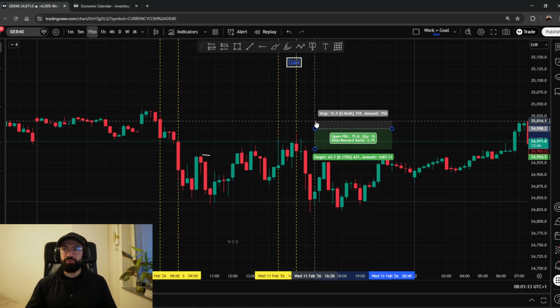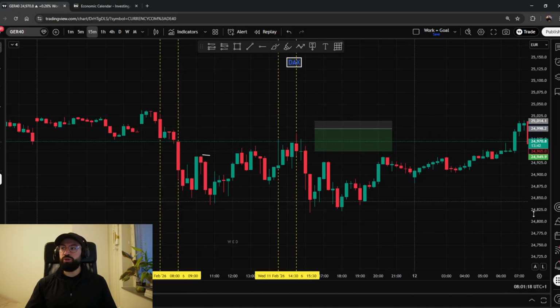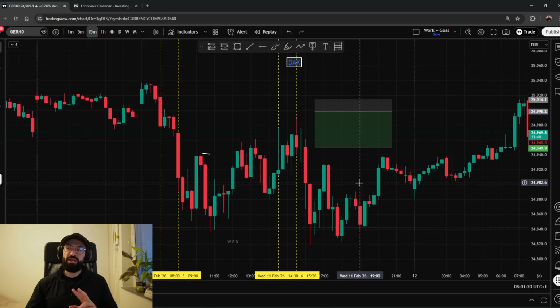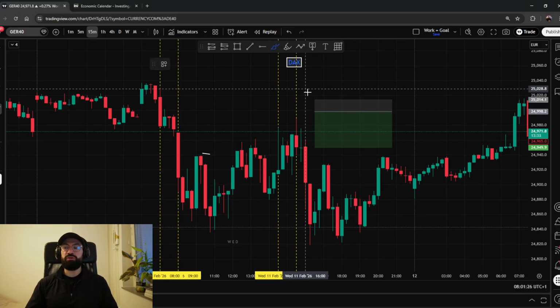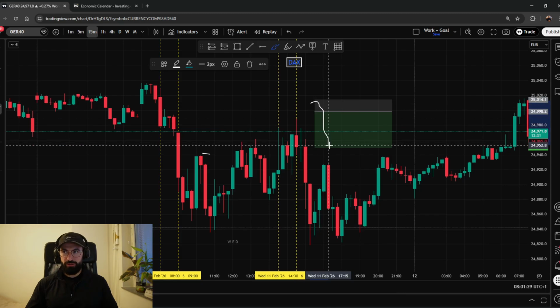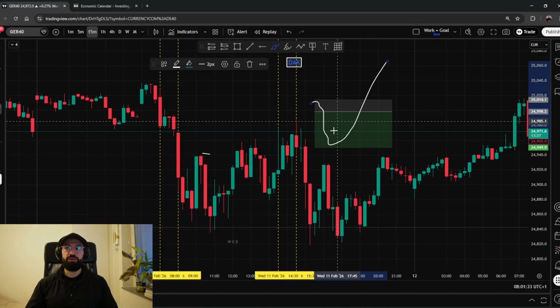So when people put a static, I want a 1 to 3 risk reward, the issue is that the market will come here and give you 1 pip away from your take profit and reverse and take you out.